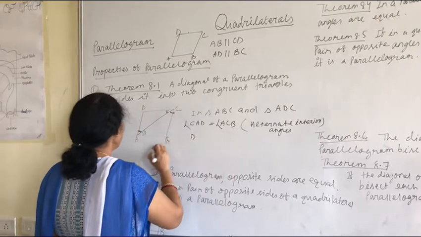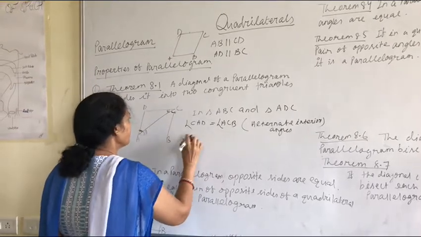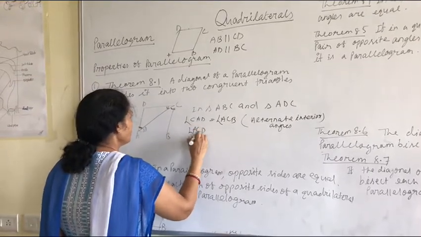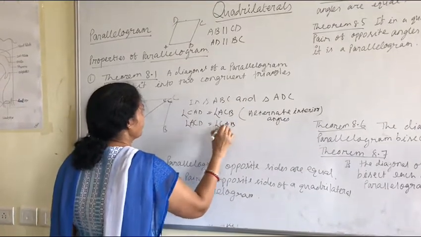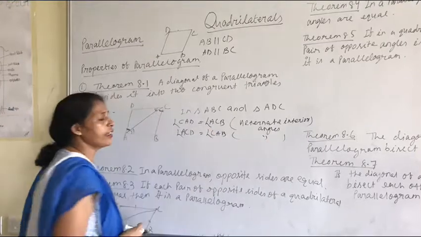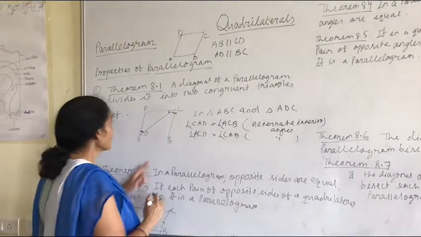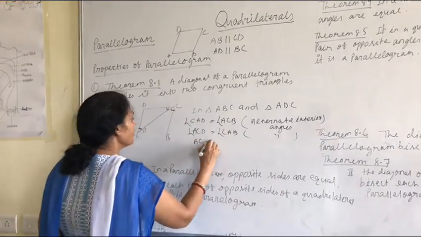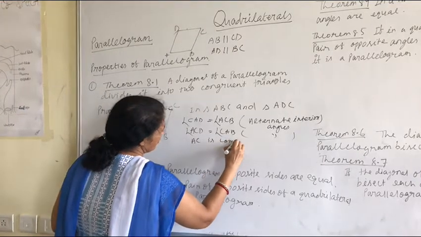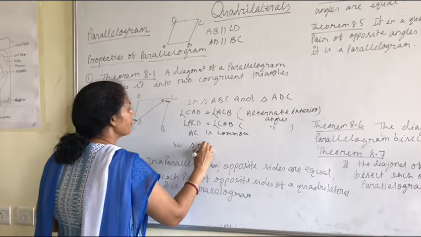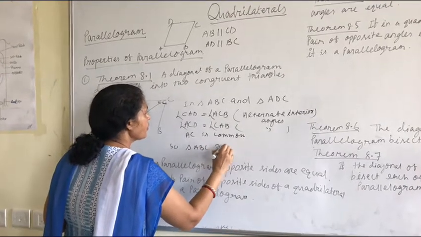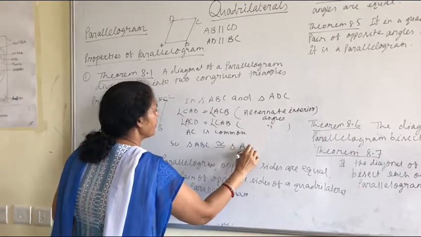These, angle ACD is equal to angle CAB, also alternate interior angles. Then AC is common. So triangle ABC is congruent to triangle ADC.